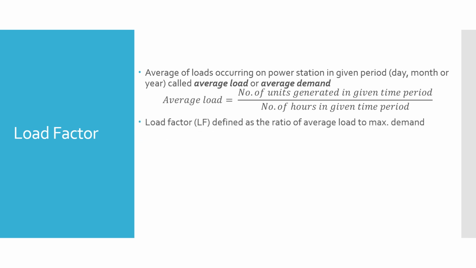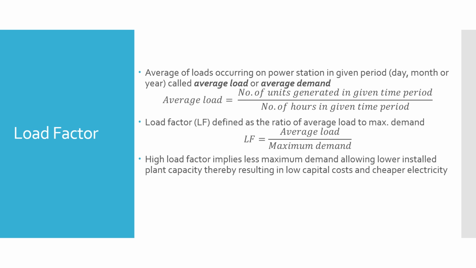Load factor or LF is defined as the ratio of average load to maximum demand. This is a very important factor, as it gives information about average load and maximum demand, the two most important things for a power station. So load factor is average load divided by maximum demand.